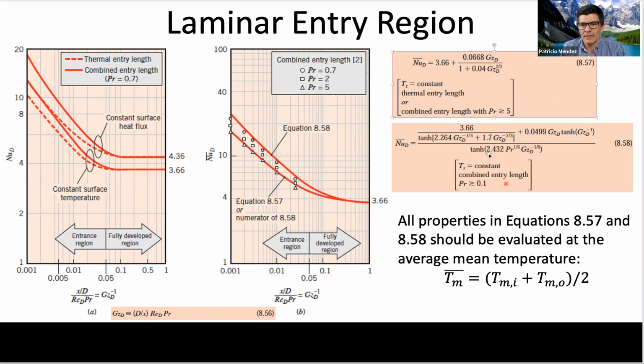This formula here is included in this other one. But if you have a Prandtl more or less bigger than 5, which is the case of water, I'll be happy to take on this formula. If the Prandtl is less than 5, like the case of air, this is the other formula you would be using.